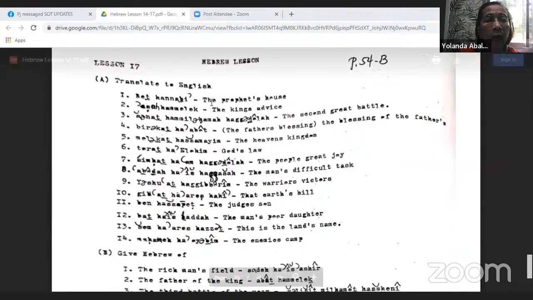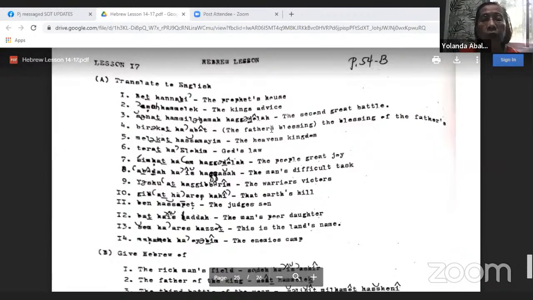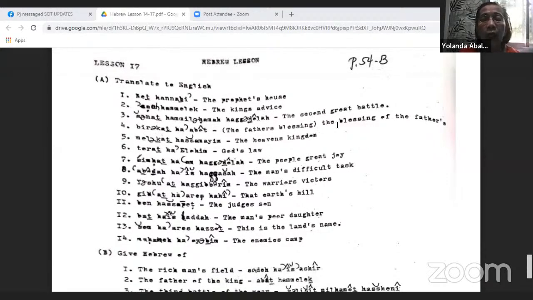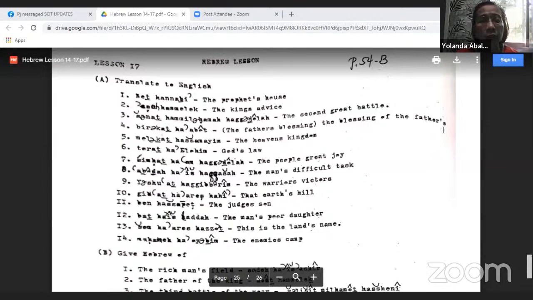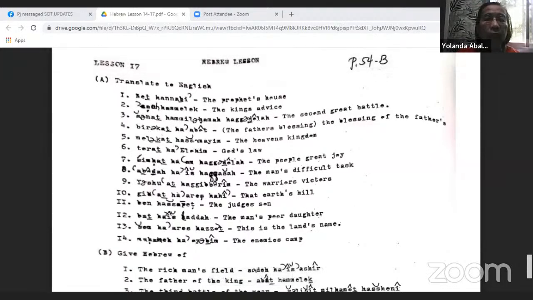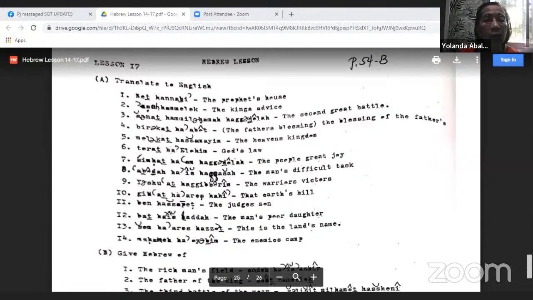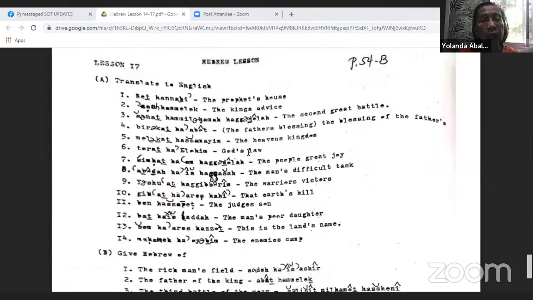Brakat Ha'abot, the father's blessing, or the blessing of the fathers. Malakat Hashamayim, the heaven's kingdom. Torat Ha-Elohim, God's law.